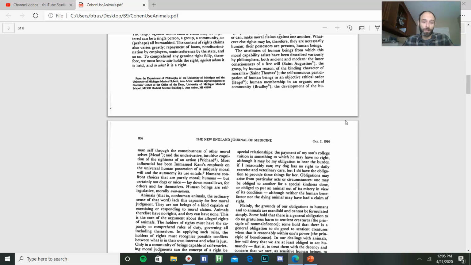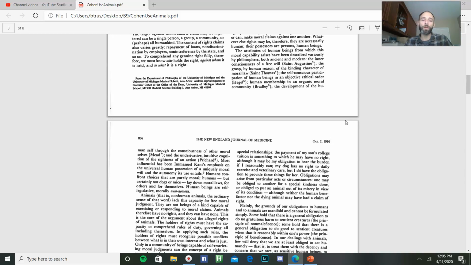All interesting proposals. Most influential has been Immanuel Kant's emphasis on the universal human possession of a uniquely moral will and the autonomy its use entails. Humans confront choices that are purely moral. Humans, but certainly not dogs or mice, lay down moral laws for others and for themselves. Human beings are self-legislative, morally autonomous.